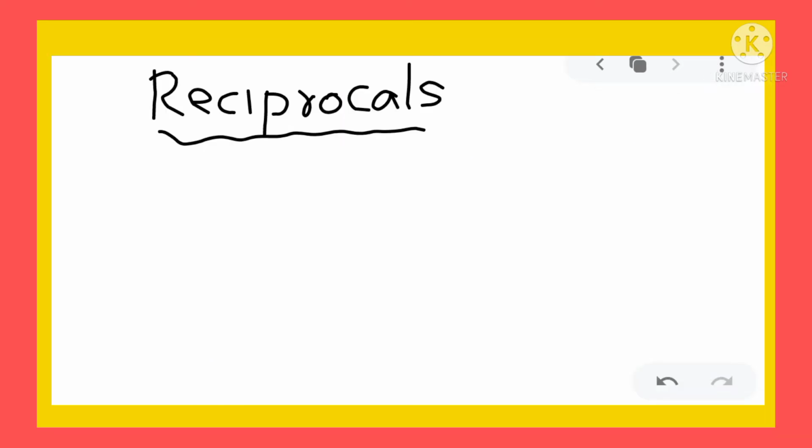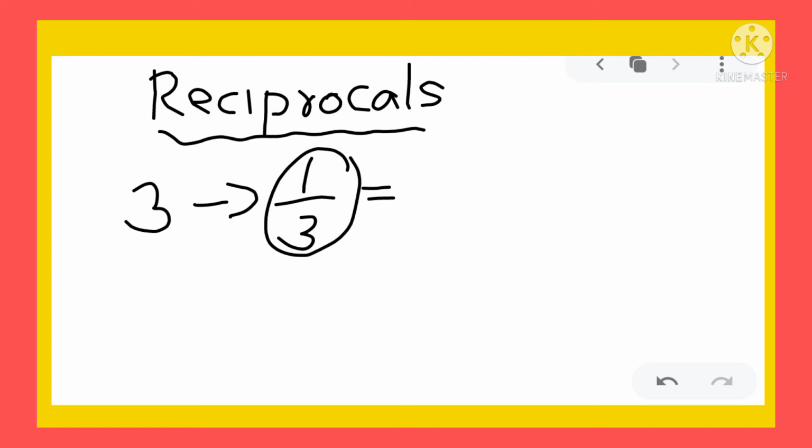Then next we want to study about reciprocals. How the powers are applied in the reciprocal. We know reciprocal of 3 is 1 by 3. Okay. Then how can we write 1 by 3 as a negative power?